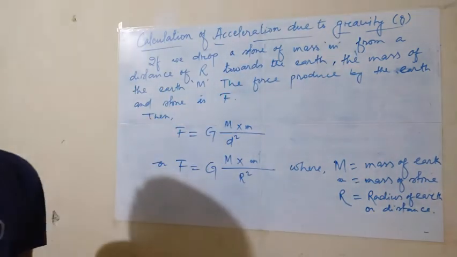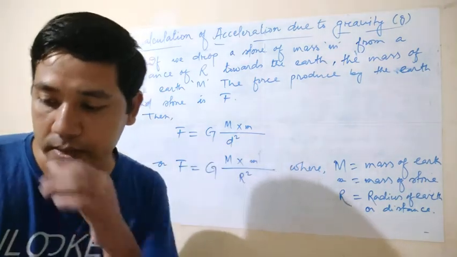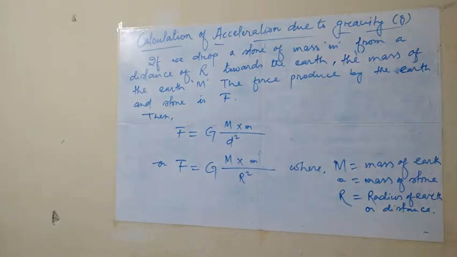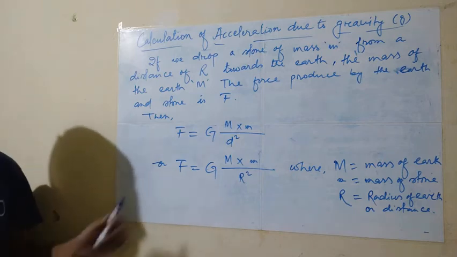This distance we also say is the radius of the earth. Let's copy down this formula.